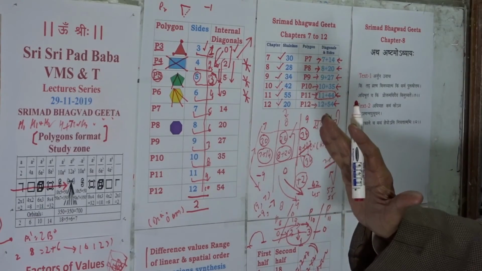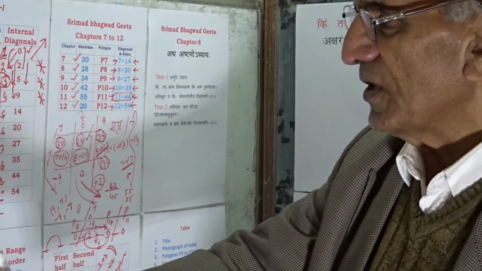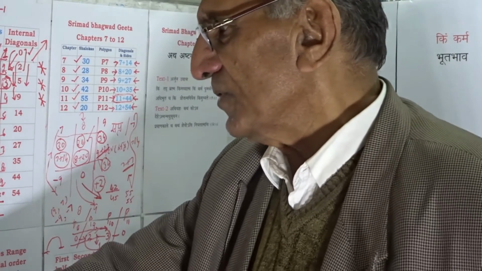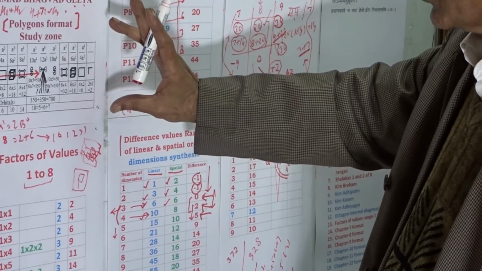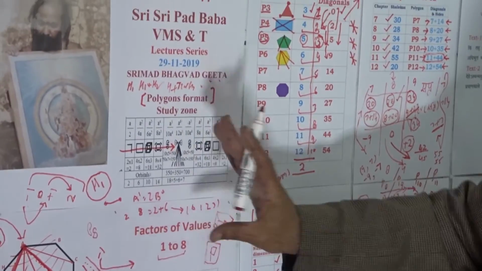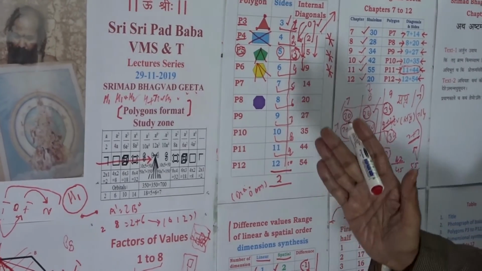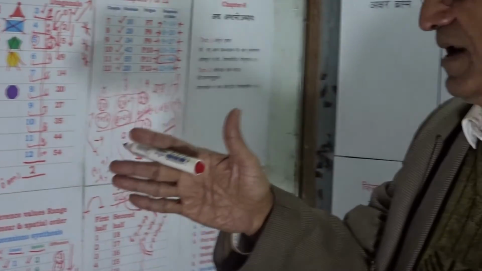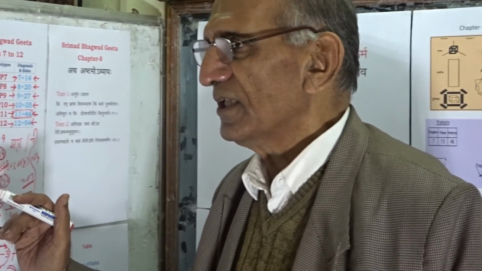So dimensional synthesis and manifestations of the polygons formats, these two features together when are chased along the polygons format, these will help us appreciate and comprehend as to how there is going to be a parallel organization format for the text of Srimad Bhagavad Gita.